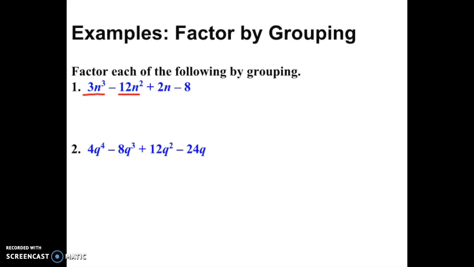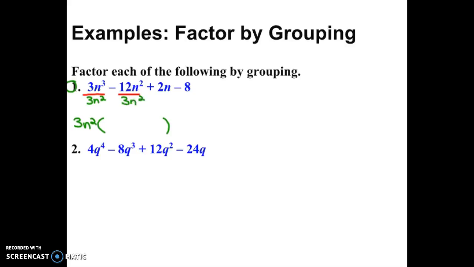So let's look at number 1, that I already underlined. Right here, the first 2 terms actually have something in common. Their greatest common factor is 3n squared. So I'm going to go ahead and write 3n squared. What I'm doing is factoring out a 3n squared out of both of them by simply dividing by 3n squared.